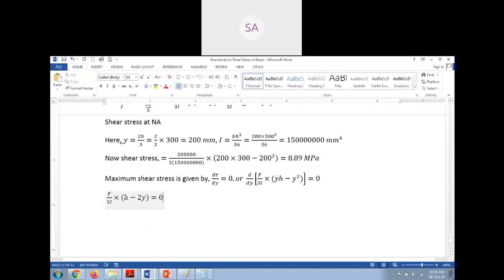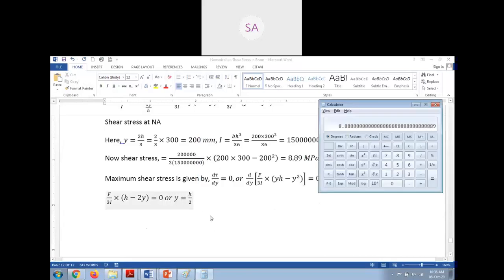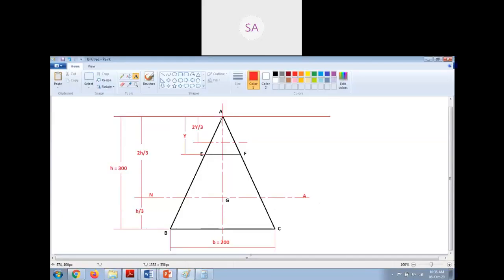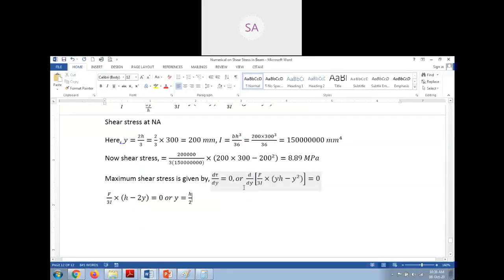So what I get is h minus 2y is equal to 0, or y is equal to h by 2. So at a distance of y equal to h by 2, that is half of the height of the triangle, I will be having the maximum shear stress.